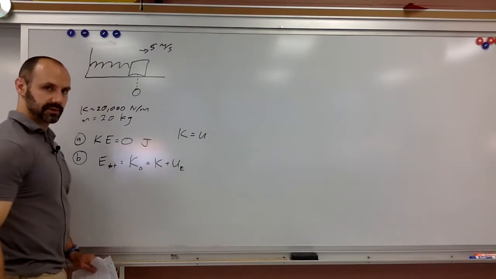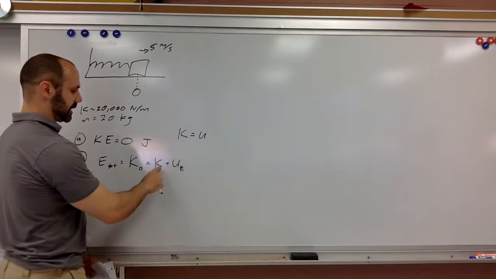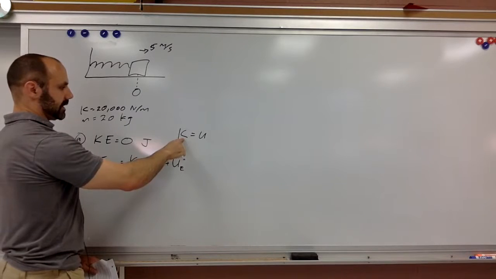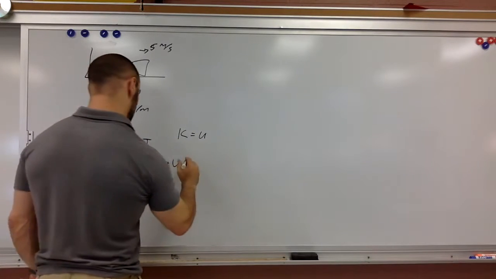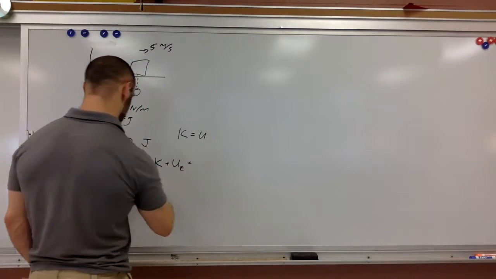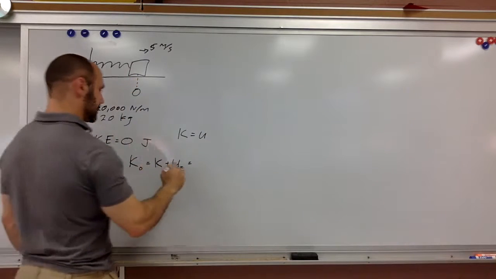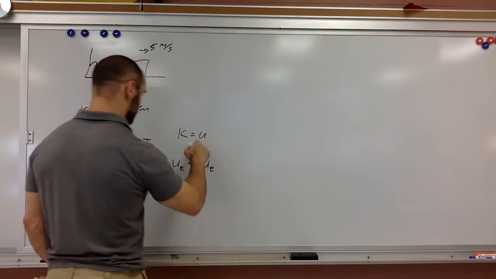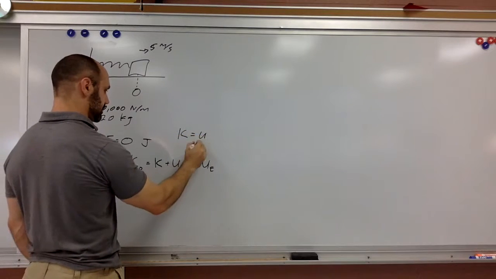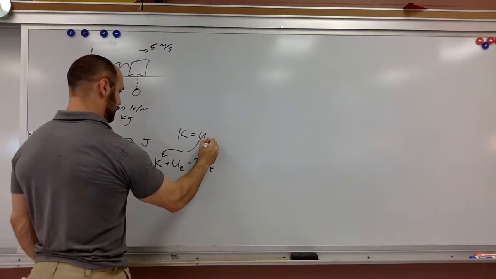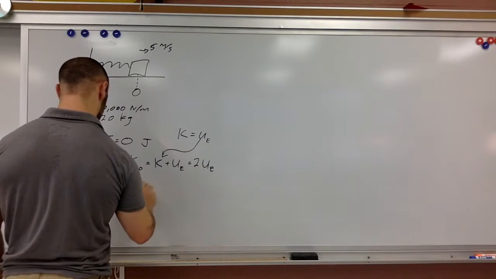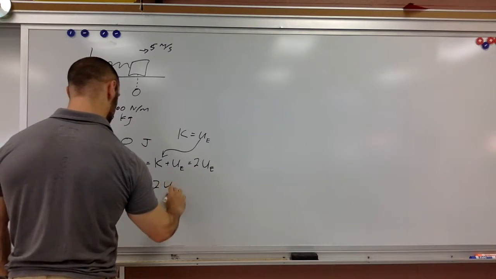What I'm looking for is position. If I substitute K, then I'm going to find the velocity at that place where these are equal. But instead, I'm going to put U in here. So I'm going to say that K naught, so K at 0, is equal to 2 times UE. All I did was I substituted, since these two things are equal, I substituted this in here. So I've got UE plus UE, and I get that. So K0 equals 2 UE.